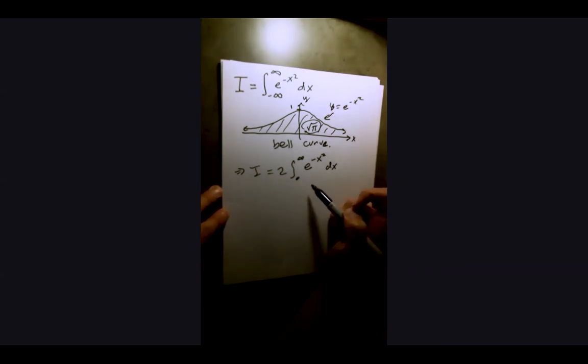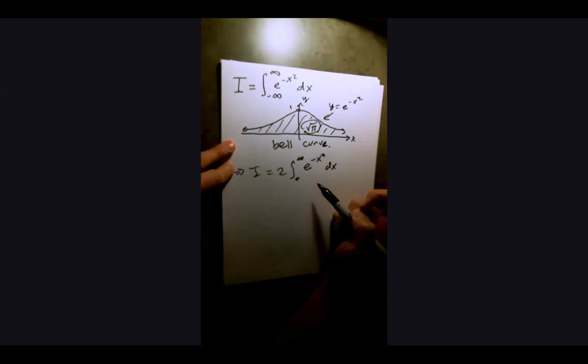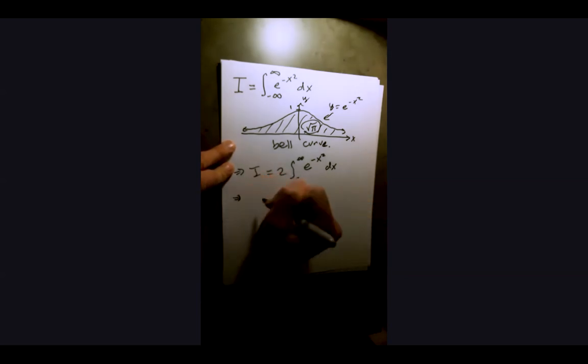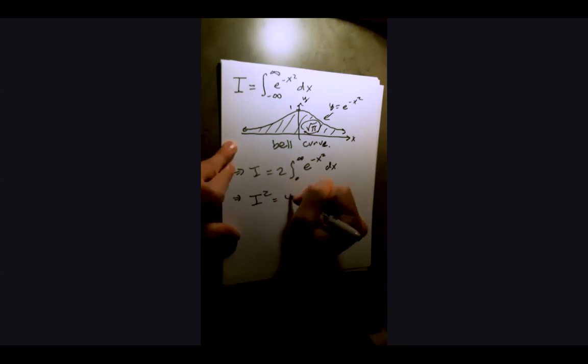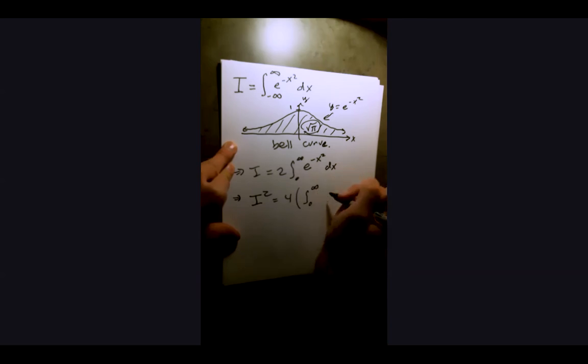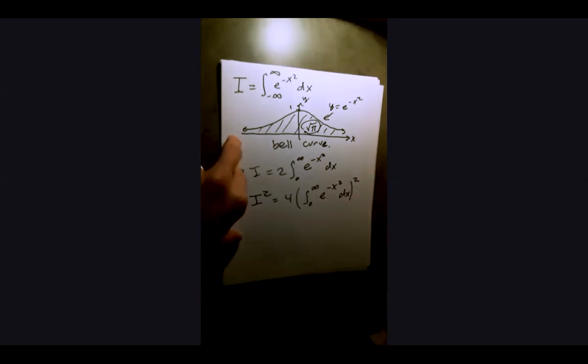What we're going to do is square both sides of this equation. Why? Because we're just being clever. We're having fun. We're doing math. So I squared is going to be equal to 4 times the integral from 0 to infinity of e to the negative x squared dx, quantity squared.